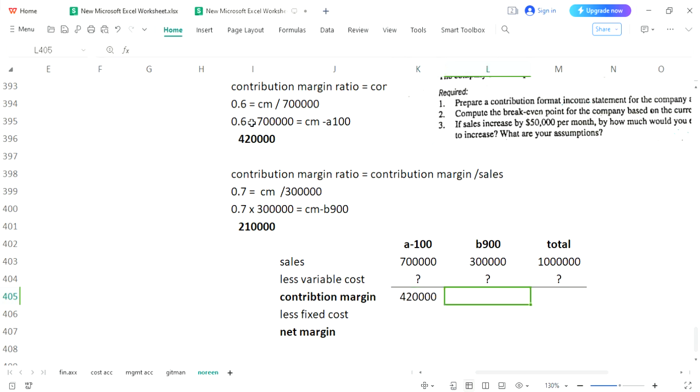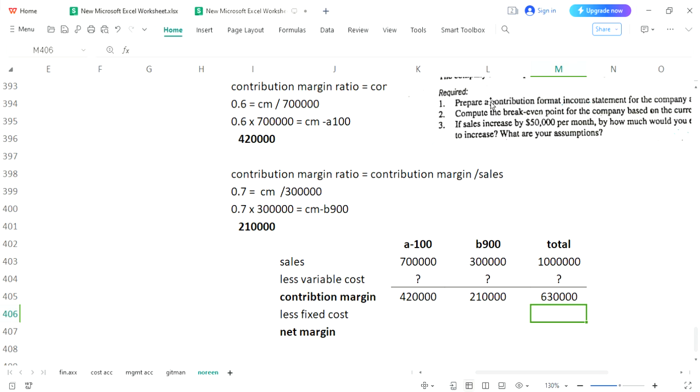Then we have calculated contribution margin for B product, which is 2,10,000. So you can put 2,10,000 over here. So now we can calculate total contribution margin as well. How? We have first 4,20,000, second product 2,10,000. So our contribution margin is completed.